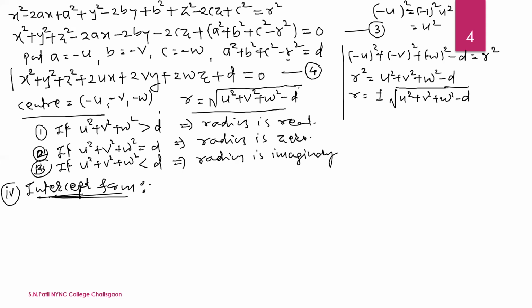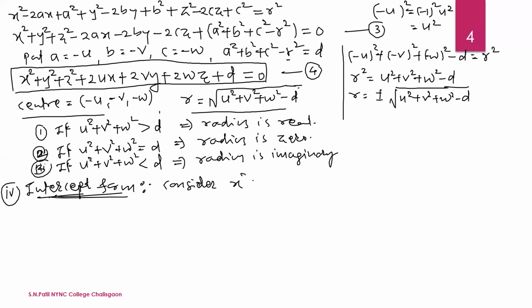The equation 4 is the general form. Consider x square plus y square plus z square plus 2 times ux plus 2 times vy plus 2 times wz plus d is equal to 0.